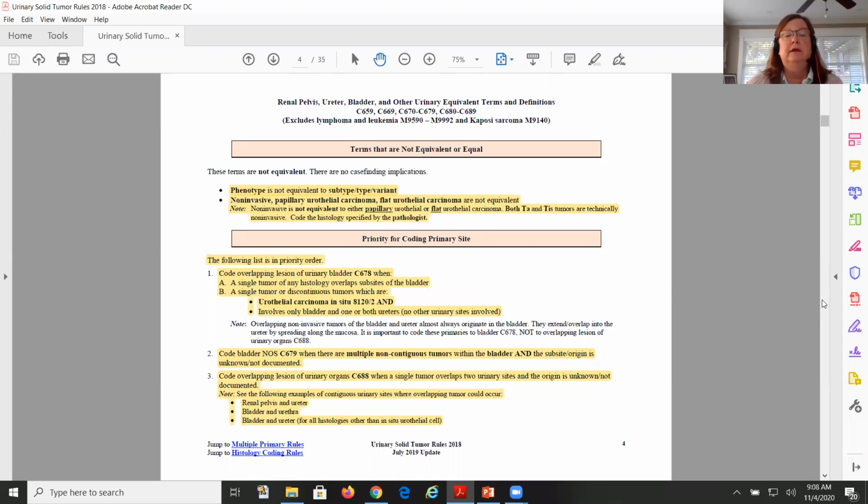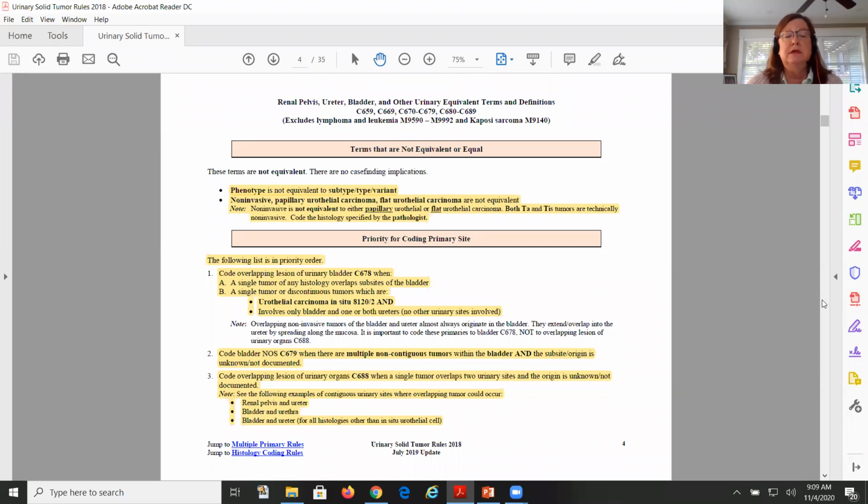Second in priority, code bladder NOS, C679, when there are multiple non-contiguous tumors within the bladder and the subsite of origin is unknown or not documented. Third in priority, code overlapping lesion of urinary organs, C688, when a single tumor overlaps two urinary sites and the origin is unknown or not documented.